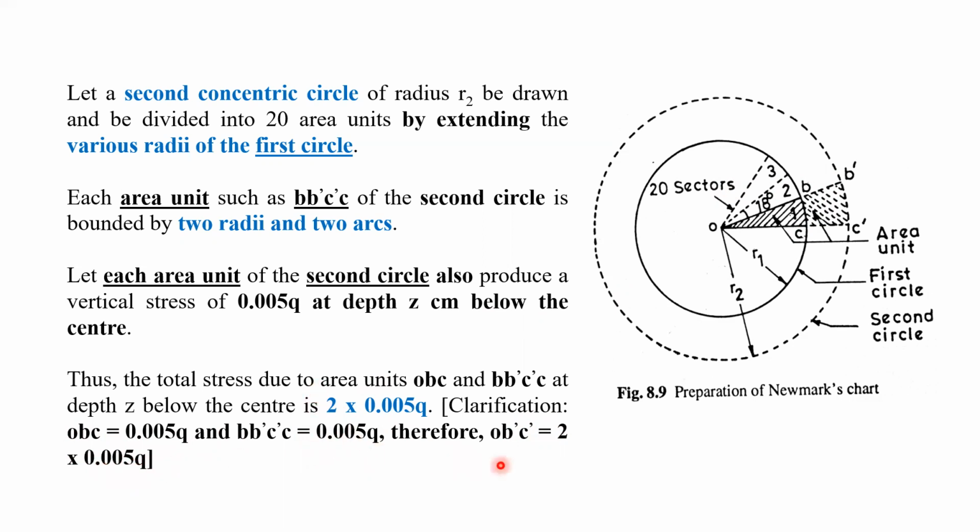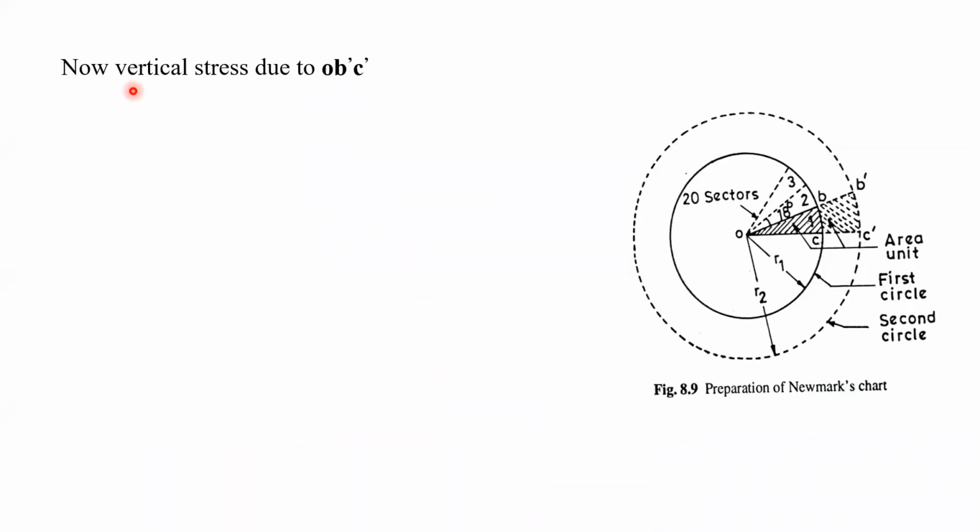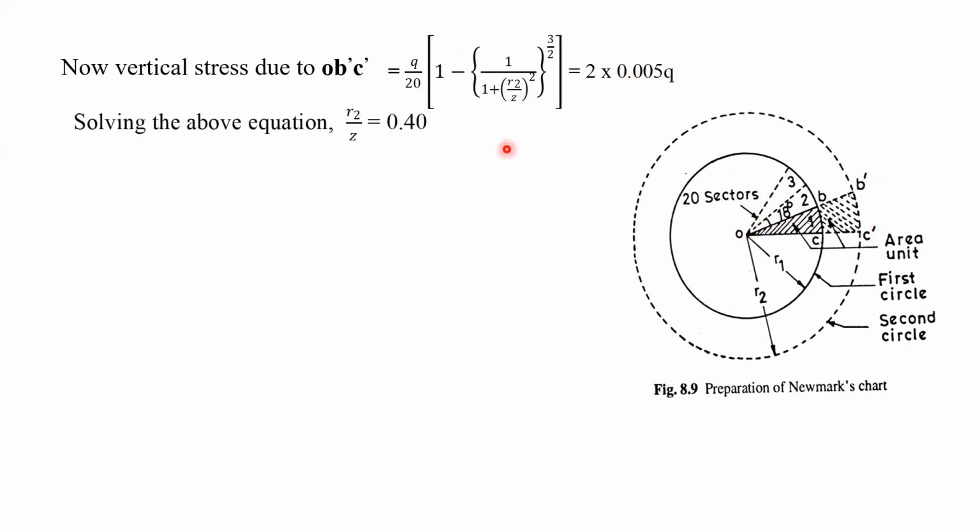So what can we write here? Now we can see the vertical stress due to OB'C'. The right hand side of the equation is equal to 2 times 0.005 Q, because we are going to take OB'C', which is equal to these values.